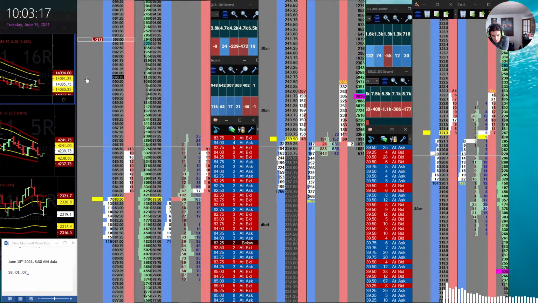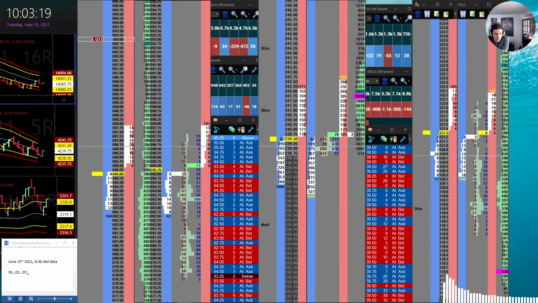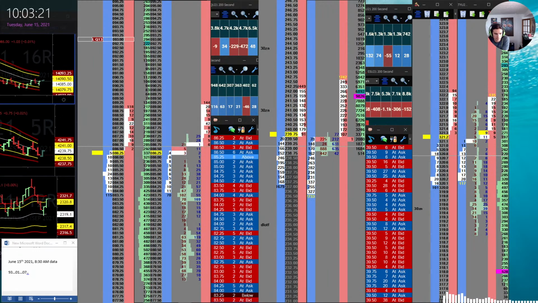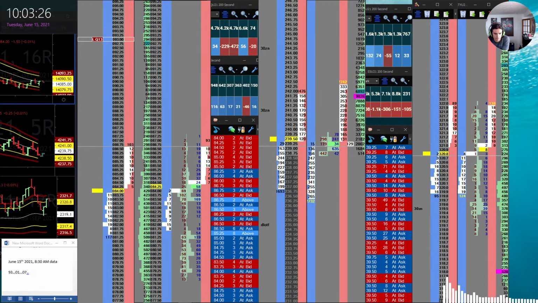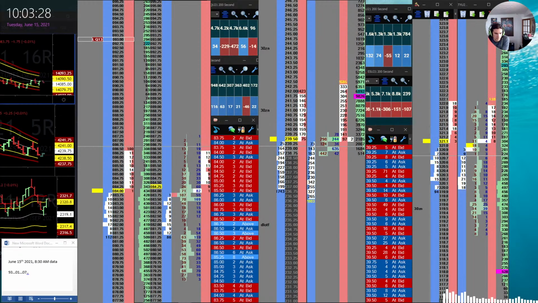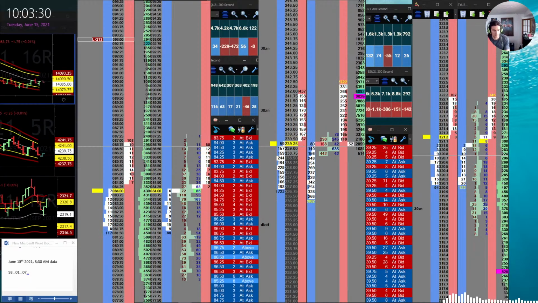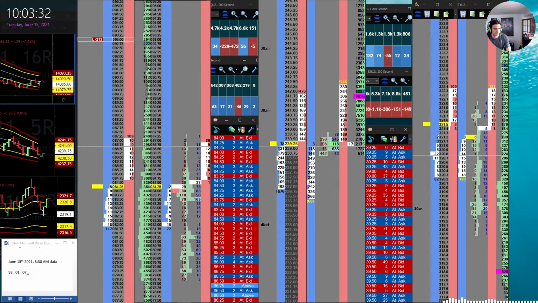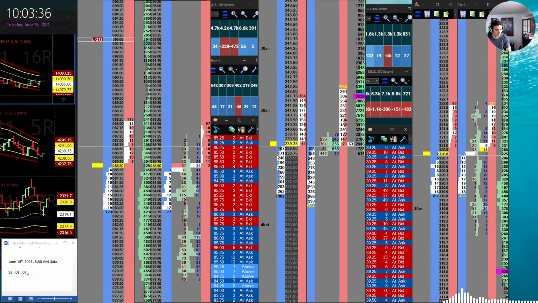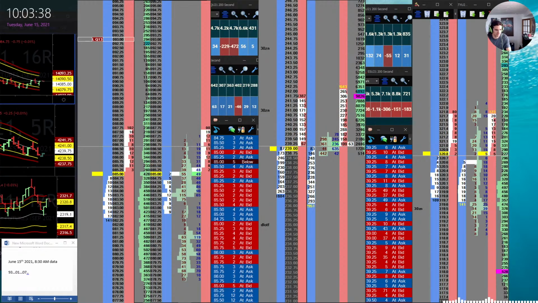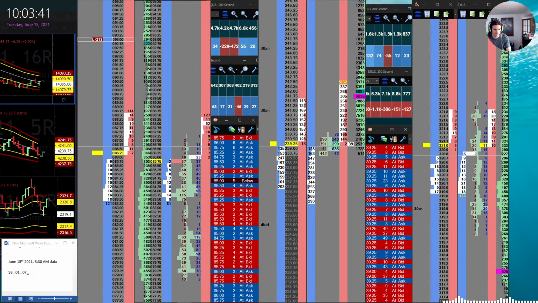The ruts are clearly stronger here. NQ 10 minute. Where's my ruts? Ruts 10 minute. Let's see.